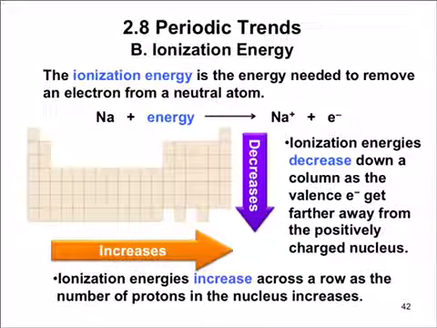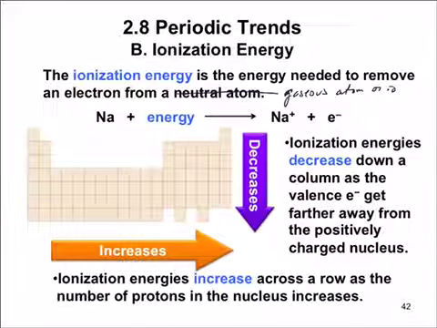Now, ionization energy is the amount of energy needed to remove an electron from a gaseous atom or ion. Okay? I'm going to change the definition there just a little bit. The amount of energy required to remove an electron from a gaseous atom or ion. Now, ionization energy decreases as you go down a column.